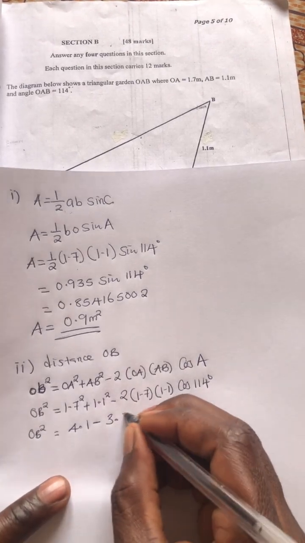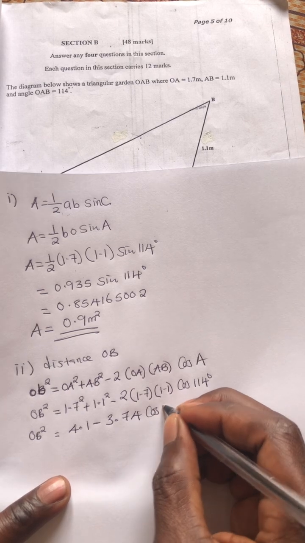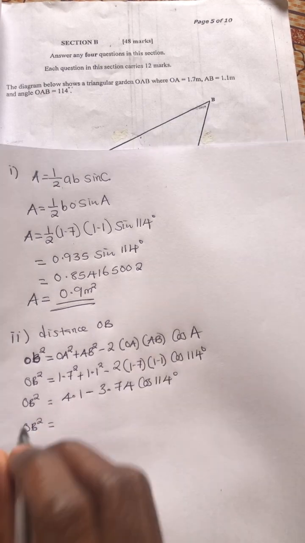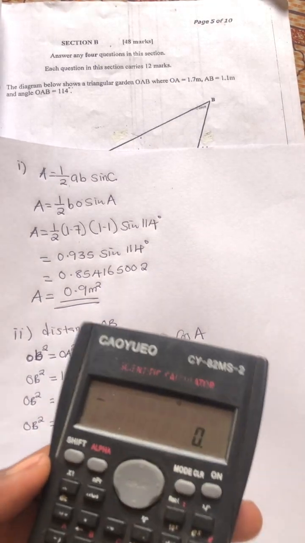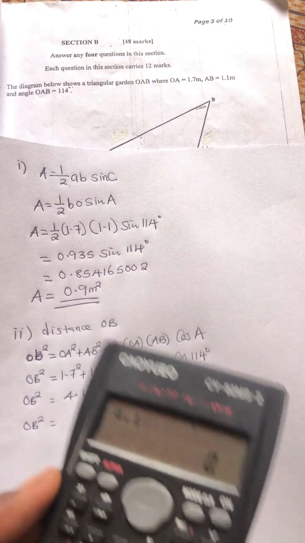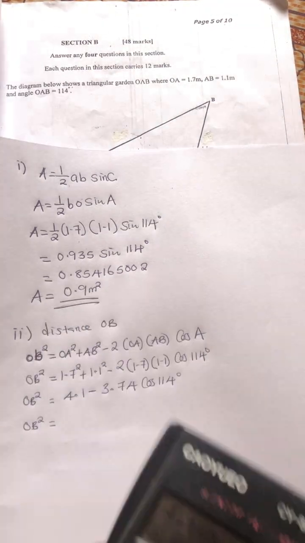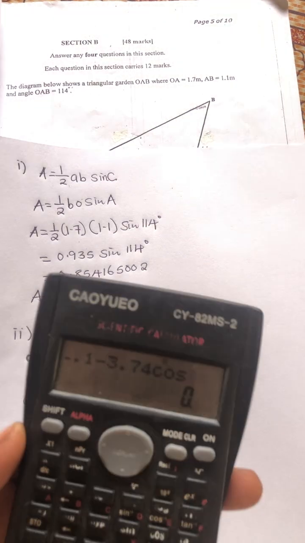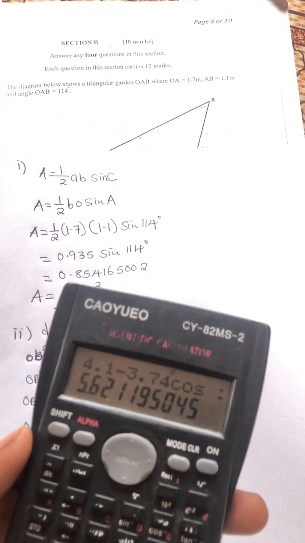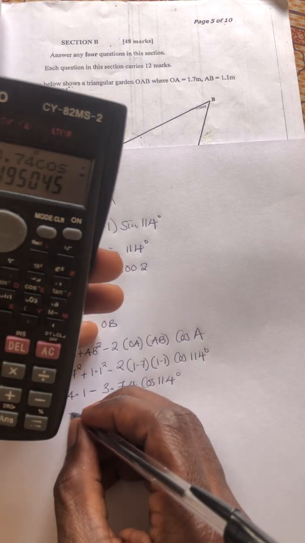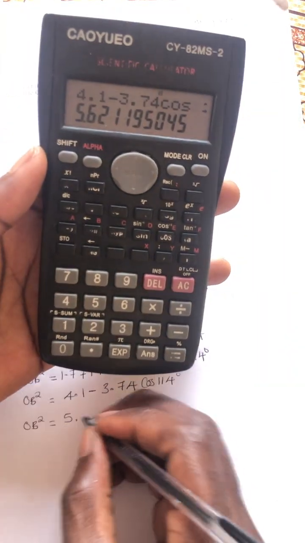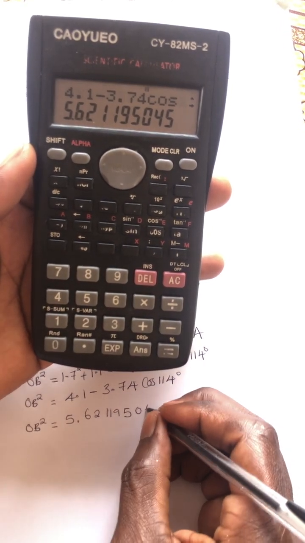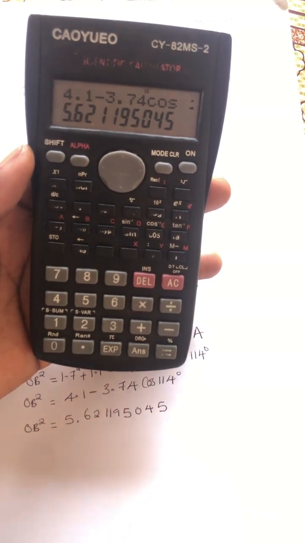There we get 3.74 cos 114 degrees. Then we can do this at once without wasting time: 4.1 minus 3.74 cos 114, giving us 5.621195045.